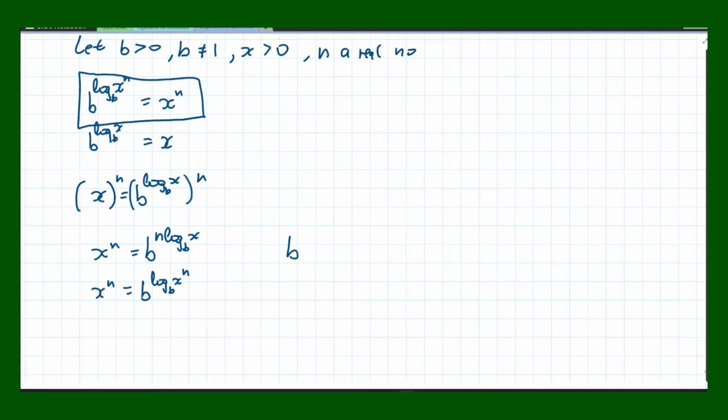So I can derive that b to the n times log base b of x has to be equal to b to the log base b of x to the n.